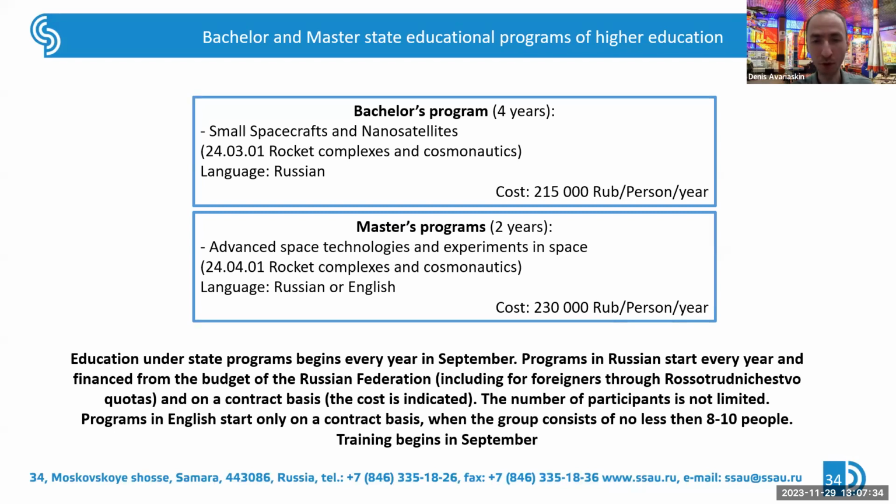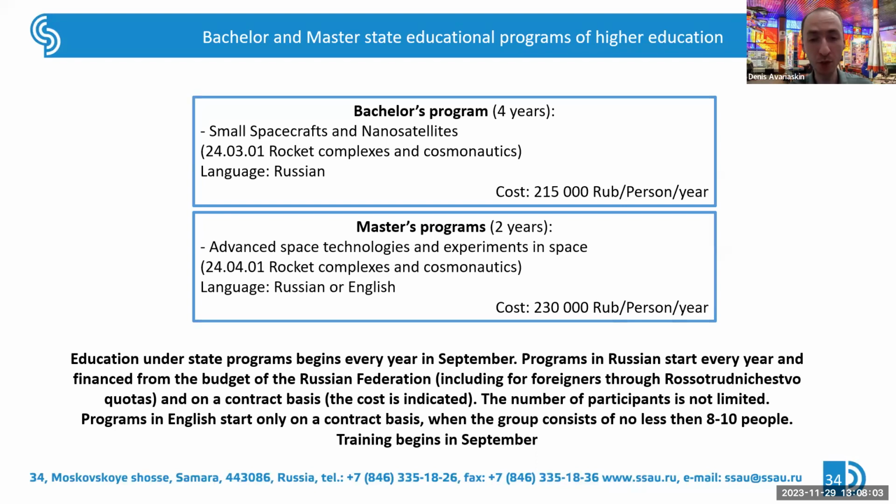The cost of education you can see here, but it's the cost of this year. In the next year, it can change a little bit. Approximately, if you want to calculate it in dollars, $1 is 90 rubles for now, but of course, here in Russia, it can change very fast.